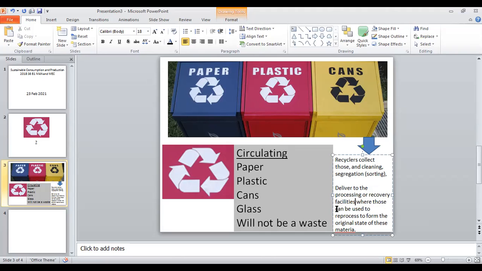Where are the collected or discarded things that can be used to reprocess to form the original state of this material? That's what they are doing.